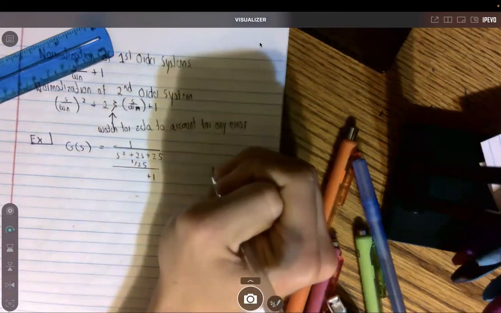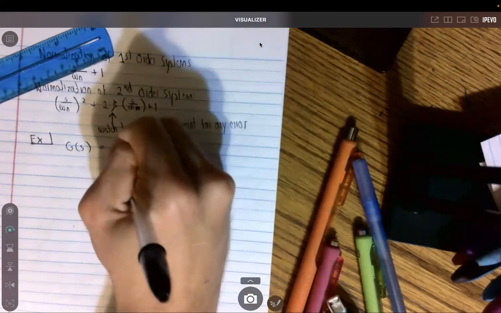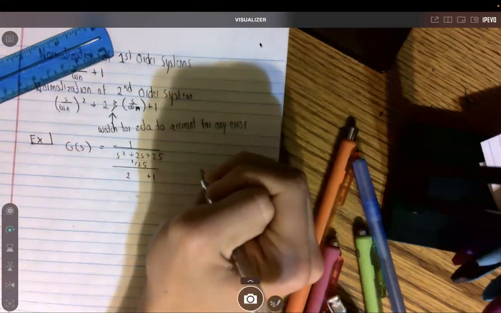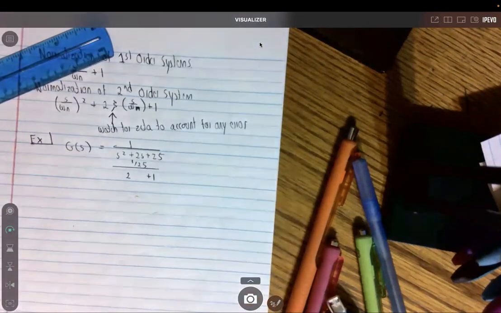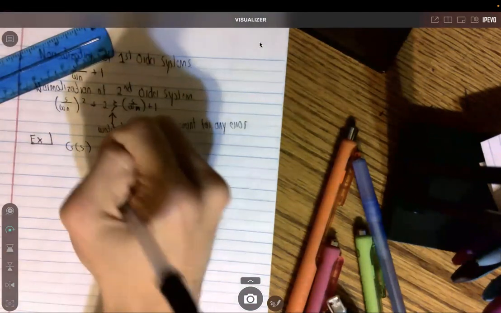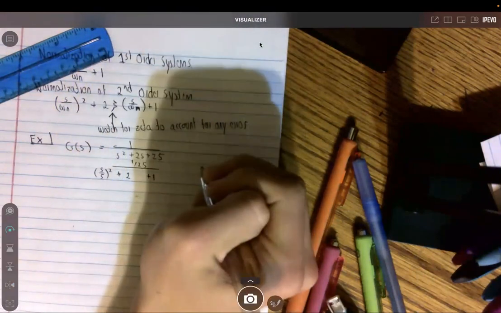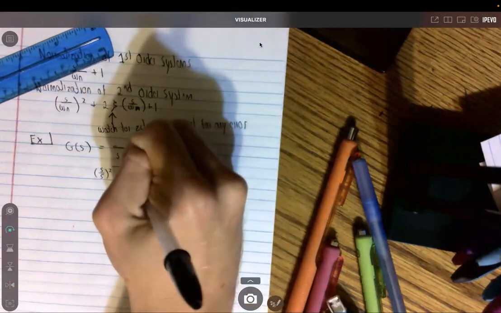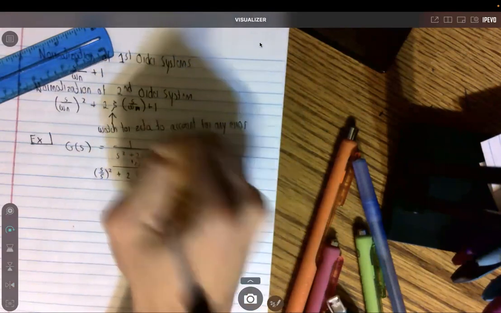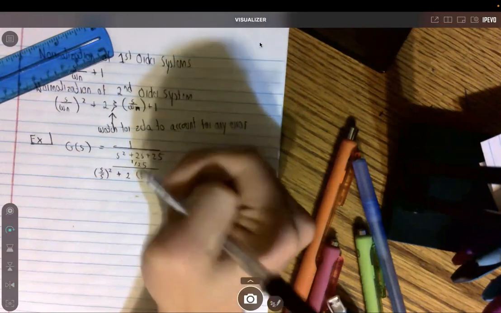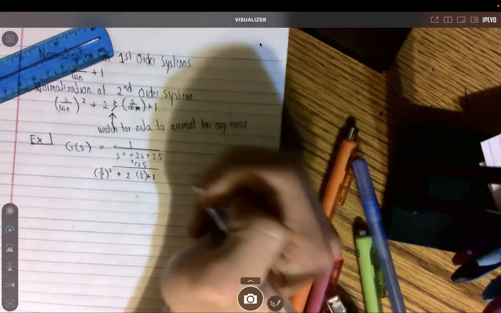But 2S over 25, I'm going to get 2, and my omega n value is going to become S squared over 25, which we're going to have S over 5 squared, because that'll give me S squared over 25, plus 2. And then we're going to have our S over 5. And then our zeta must be 1 over 5.